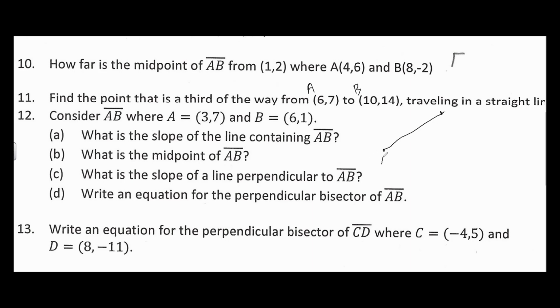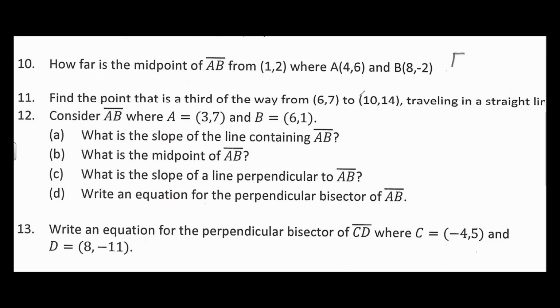Maybe it's horizontal. Let's assume it's not. They want you to locate a point here that is 1/3 of the way from the initial point. If you were to partition this into 3 equal parts, this point here is 1/3 of the way. So we're going to figure out what X and Y are to get our answer.